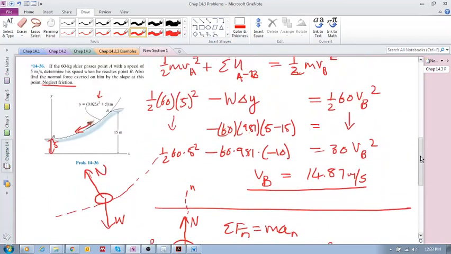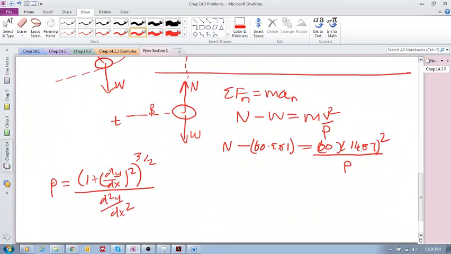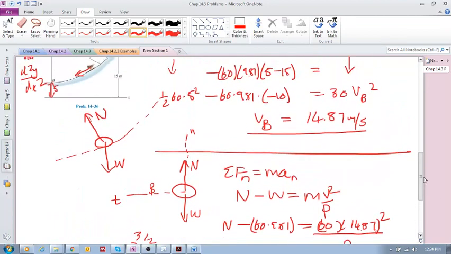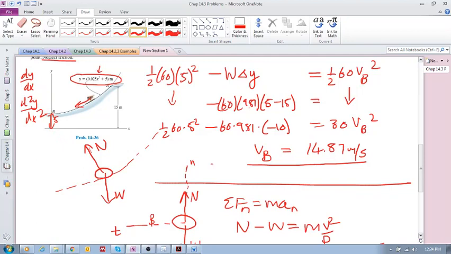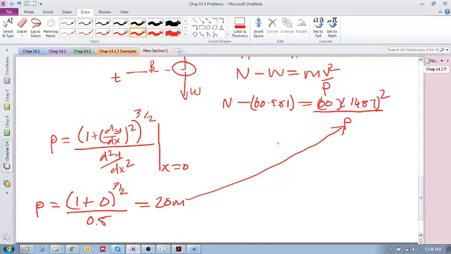So all you need to do is take this equation, calculate dy/dx and d2y/dx squared, put those in there and then plug in x equal to 0, because we are at this point where x is 0. We would get rho equal to 1 plus 0 to the power of 3 over 2, over 0.5, which gives us a radius of curvature of 20. We plug that in and we get N equal to 1.25 kilonewtons.